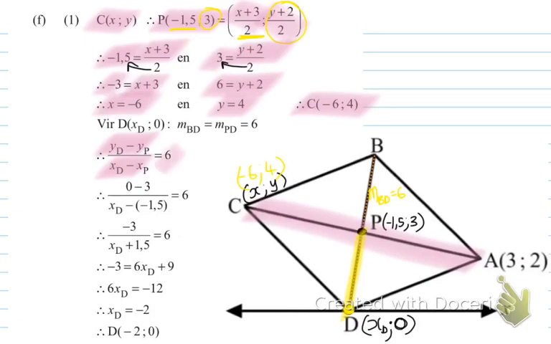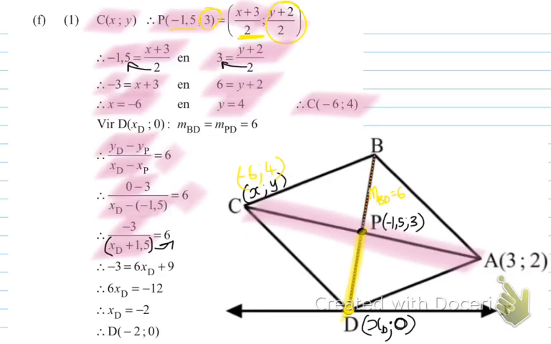So let's take the y values: 0 minus 3, over the x values: xD minus (-1,5). And that must give me 6. So that is -3 over (xD + 1,5) equals 6. This xD + 1,5 I multiply on the other side in brackets.